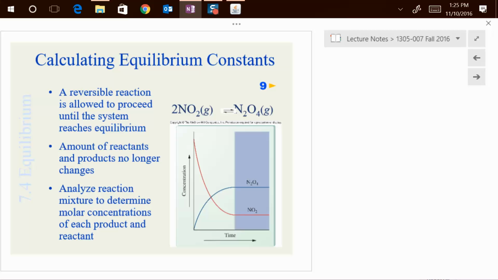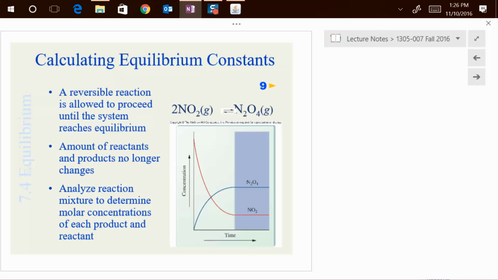So here, 2NO2 is producing N2O4 in equilibrium and is decomposing back into NO2, back and forth in equilibrium. We can see that process happening. Once the two rates are equal, we'll be at equilibrium. But do you see how much this decreased and how much this increased before they established an equilibrium? So I have more N2O4 than I do NO2.